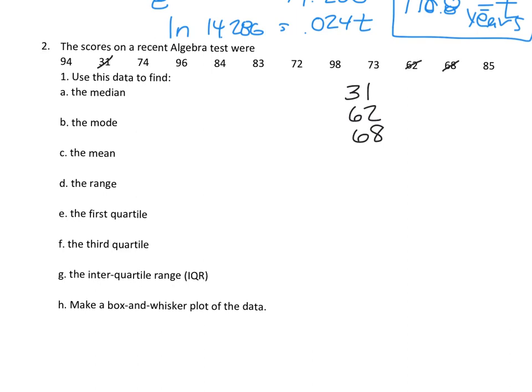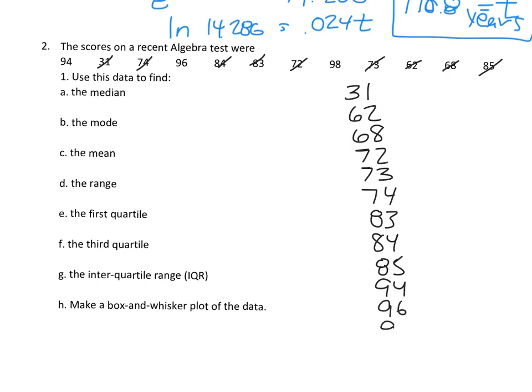In the 70s, I have a 72, a 73, a 74. And then I've got a couple 80s. I have an 83, I have an 84, I have an 85. And then my 90s, I have a 94, a 96, and a 98.